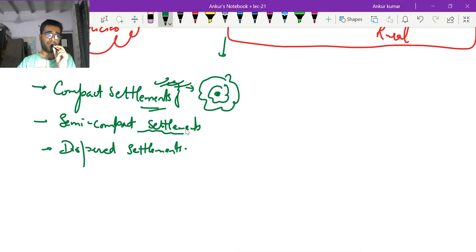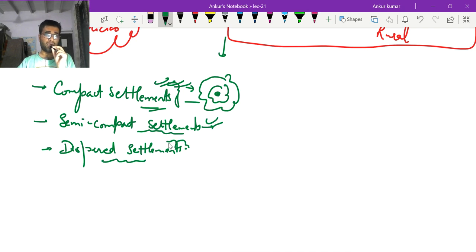However, the semi-compact settlements are not as well knit, not as compact as the compact settlements are. The dwellings in these settlements are not so much concentrated. The third term that we must know is the dispersed settlement.